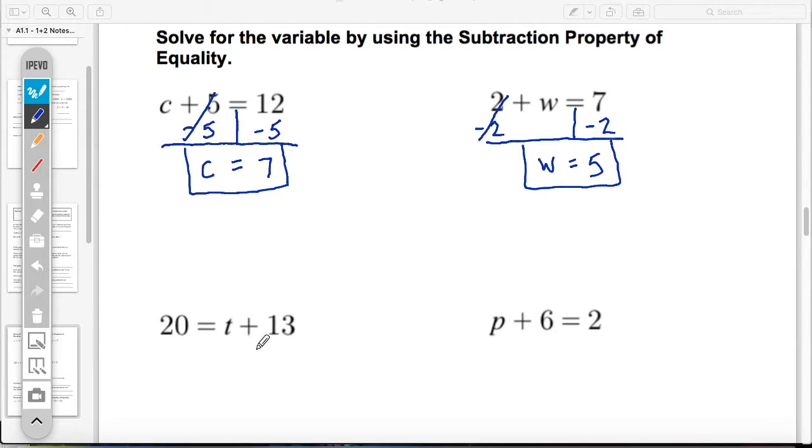This example down here, make my t. So I'll subtract 13 from this side and subtract 13 on this side. So 13 minus 13, they cancel. I'm left with a t on this side equals 20 minus 13, which is also 7.